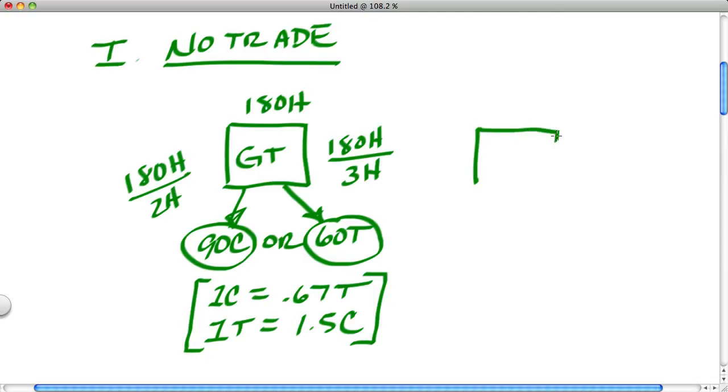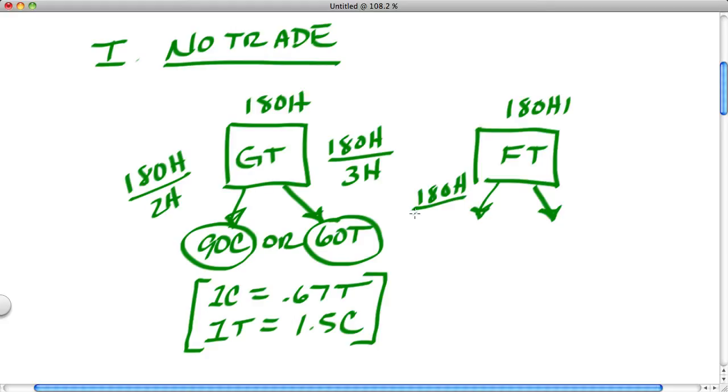Now we'll put Fivethumbs over here on the right. Notice that Fivethumbs also has 180 hours of resources. What can Fivethumbs do with the 180 hours? Well, he could devote the 180 hours to corn. At 6 hours per corn, Fivethumbs could produce 30 corn.